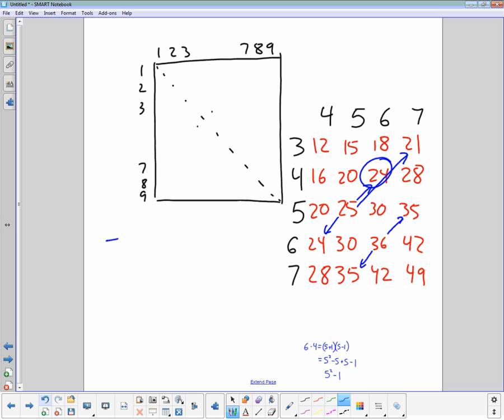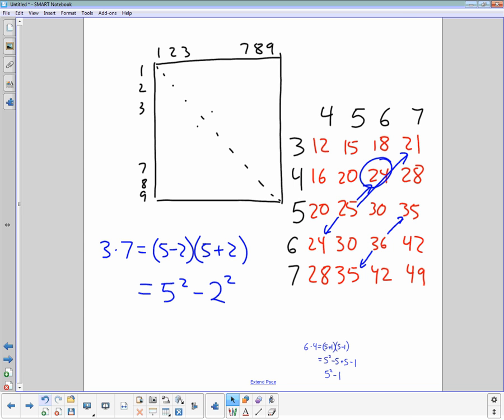Now we're dealing with 3 times 7, which is 5 minus 2 times 5 plus 2, which equals, very quickly, 5 squared minus 2 squared. It's the difference of squares. Remember, if it was like x plus 3 and x minus 3, it would be x squared minus 9. So this is a nice little quick pattern.